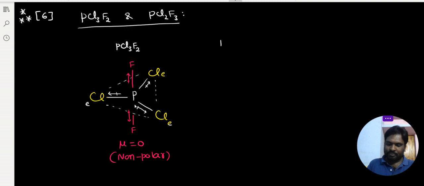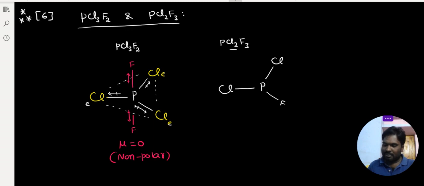Now coming to PCl2F3. Here phosphorus has how many big size atoms? Two big size atoms, which preferably occupy equatorial positions. So the two chlorine atoms are placed there, and the remaining fluorine goes to the third equatorial position. The P-F bond has greater bond polarity compared to P-Cl bonds, because the electronegativity difference is more, as fluorine is more electronegative than chlorine.